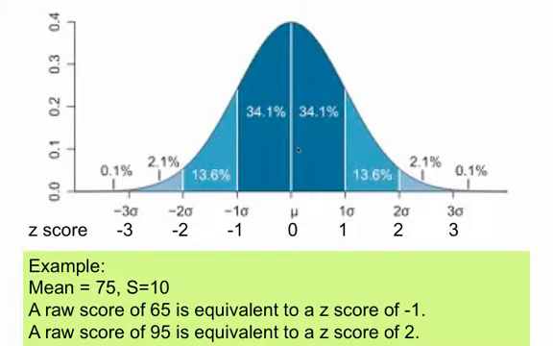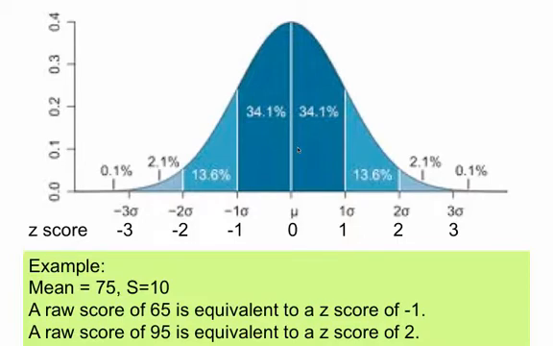Well, a z-score is, again, in standard deviation units. So if I said I had a z-score of 1 on a test, the fact that it's positive tells me immediately that it is above the mean, and it tells me just how far above the mean in standard deviation units. As a little example, let's say we had a normal distribution of a set of scores. The mean was 75 and the standard deviation was 10.